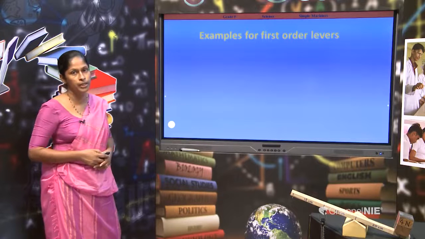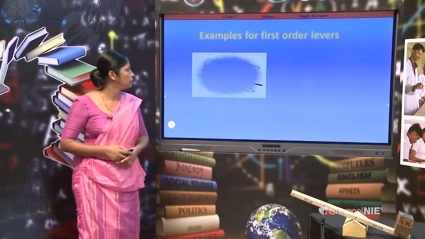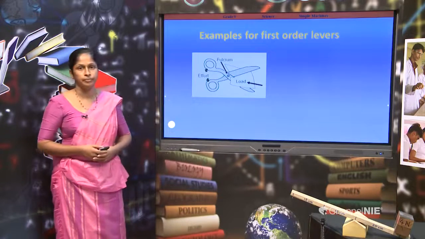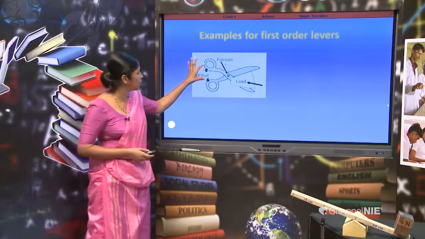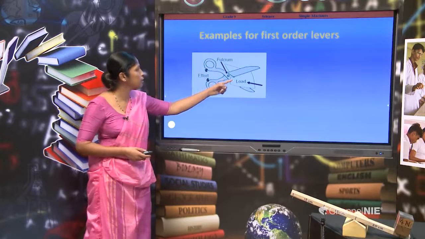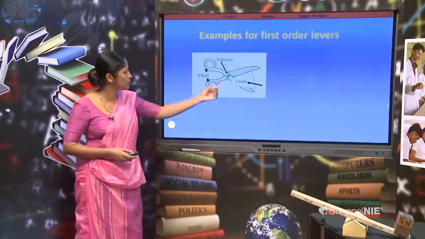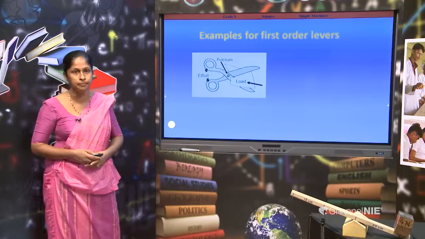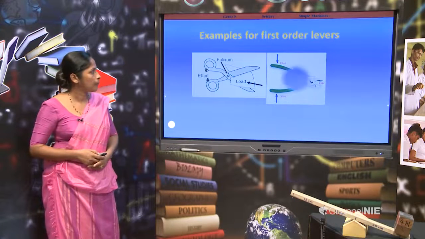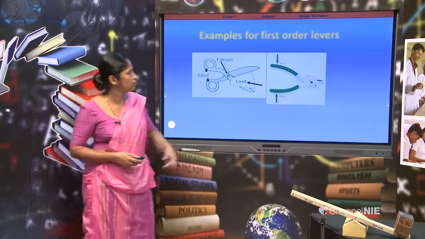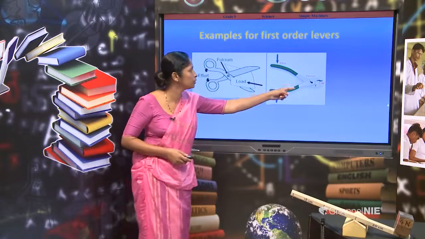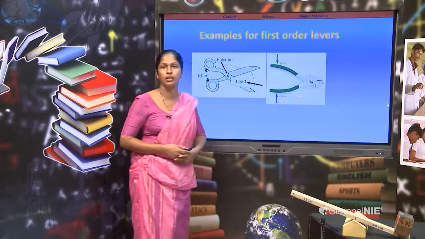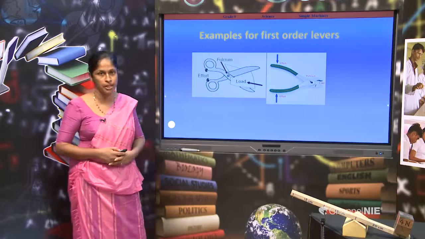Examples for first order levers: Scissor, effort, fulcrum and load. You can see fulcrum in the middle. Pliers, effort, fulcrum and load. Fulcrum is in the middle.